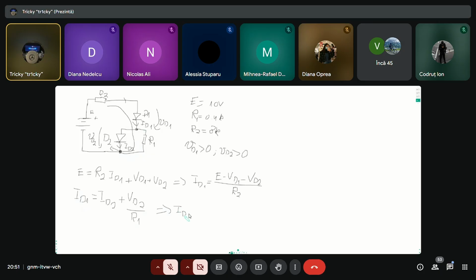ID2 is equal to ID1 minus VD2 over R1. Okay, great. I'm pretty sure that's how it's supposed to be.